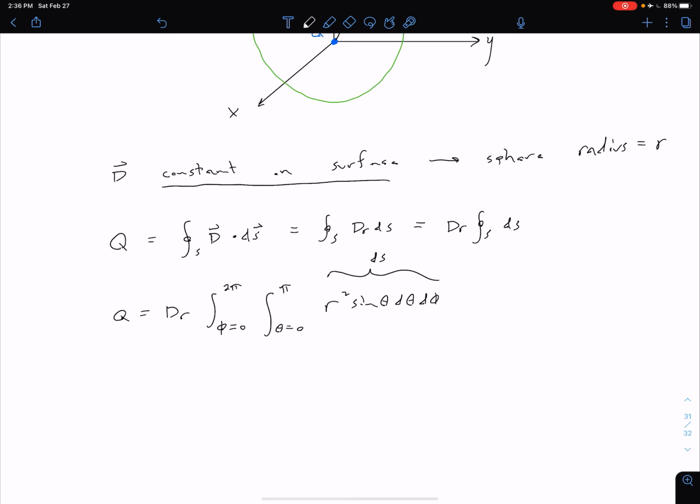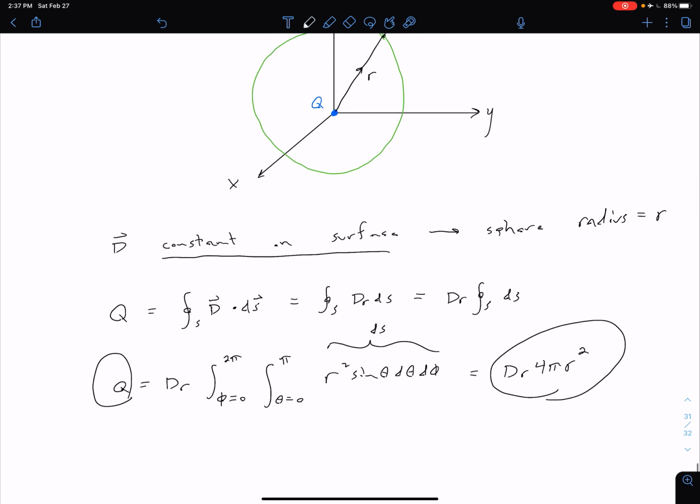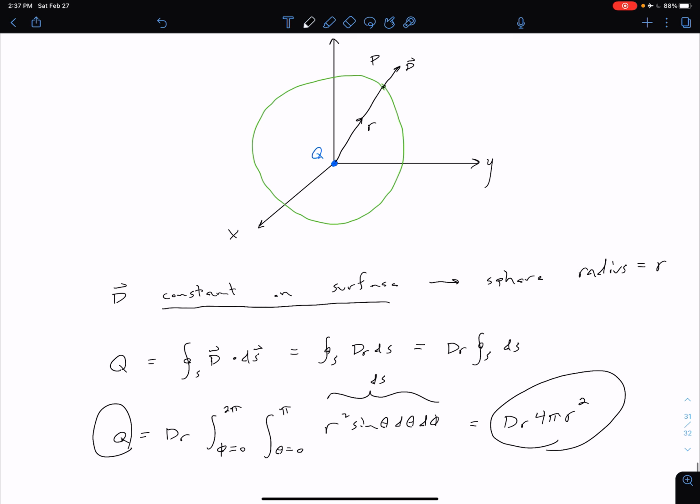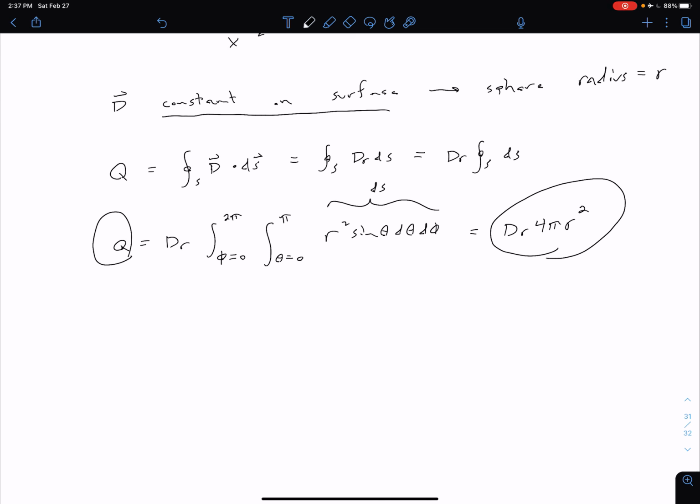So we evaluate this, and we get D_r times 4 pi r squared. Okay, so now remember though, this is equal to our charge enclosed, which is equal to only our point charge. We're assuming only the point charge is in that green sphere. So of course we can rearrange, and we can then say our D, because we know it only has the r component, is equal to, in the numerator we have Q, and we divide that by 4 pi r squared, and that's going to be in the r direction.